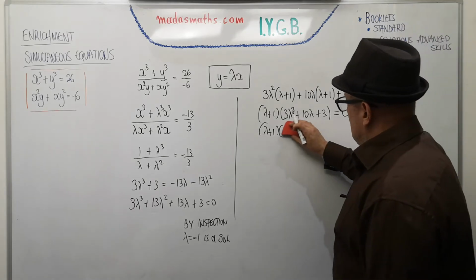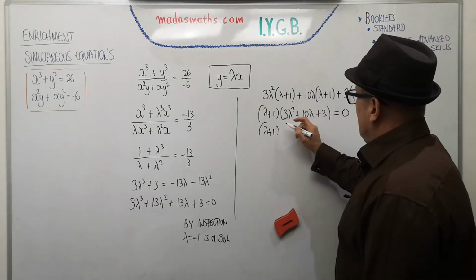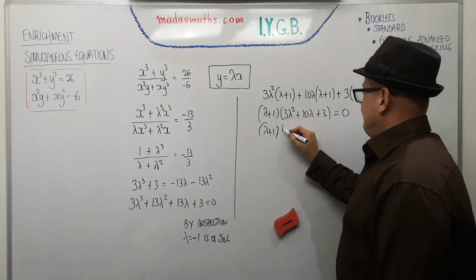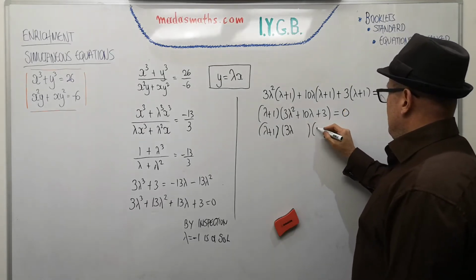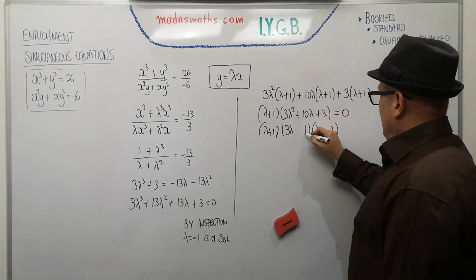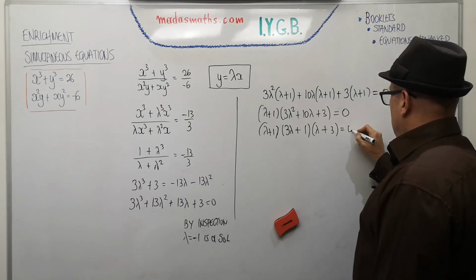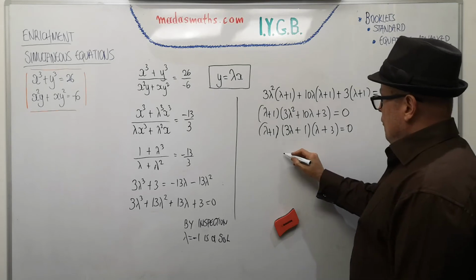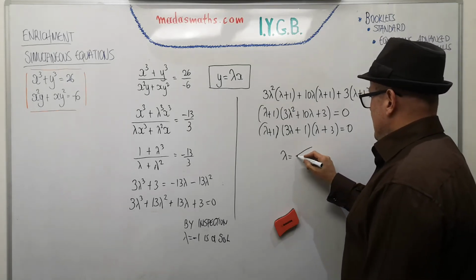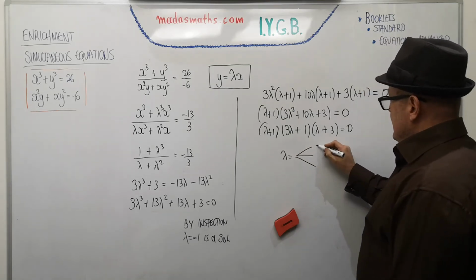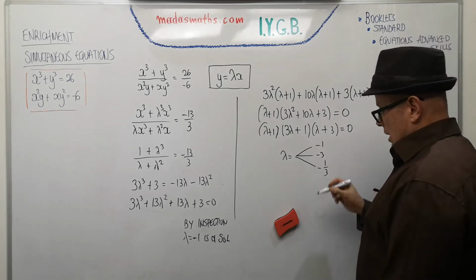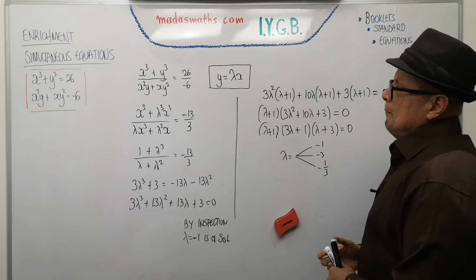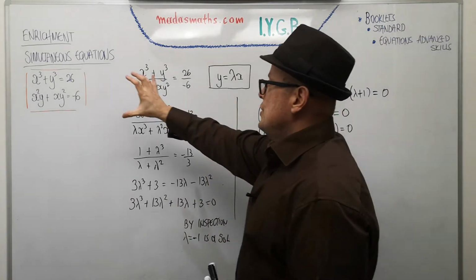I've just factorized that a few minutes ago, and that is all factorized. So I found 3 possible values of lambda: -1, -3, and -1/3. That could possibly help me solve my original system of equations.